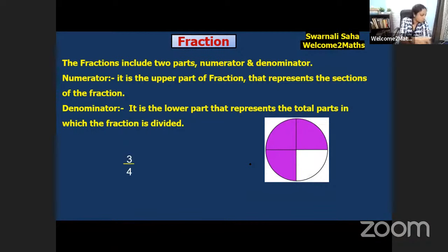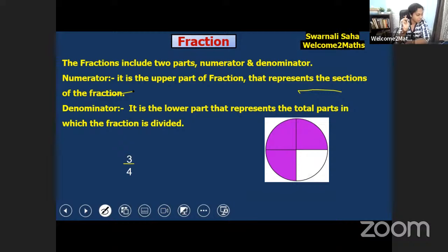The numerator is the upper part of the fraction and represents the section of the fraction. The denominator is the lower part that represents the total parts into which the fraction is divided. Just like here, it's 3/4. So 3 is our numerator and 4 is our denominator. 3 is the upper part and 4 is the lower part. That is the two parts of the fraction.